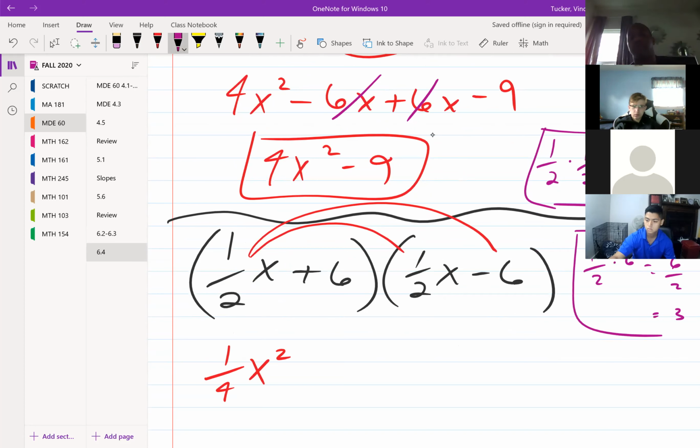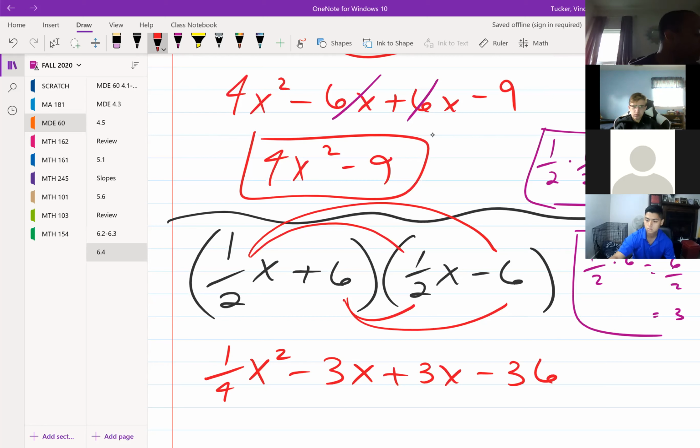So just showing you the work behind it. So that's 3x. 6 times 1/2, positive 3x. 6 times negative 6 is negative 36. So the 3x's cancel. That's 1/4 x squared minus 36.